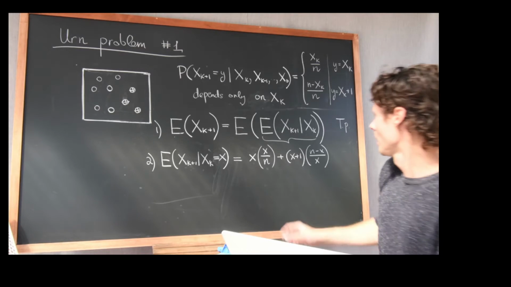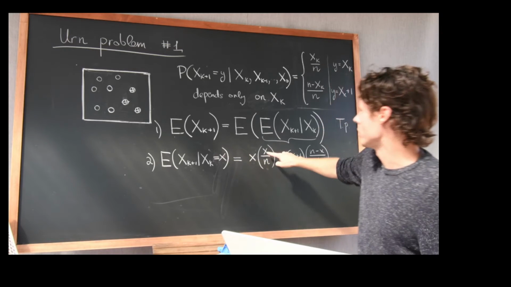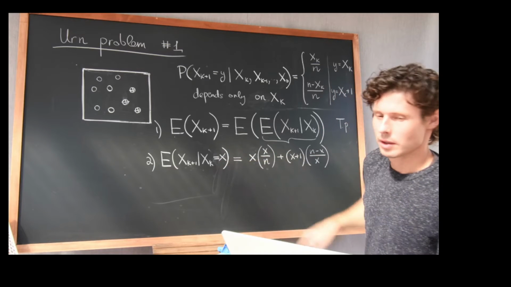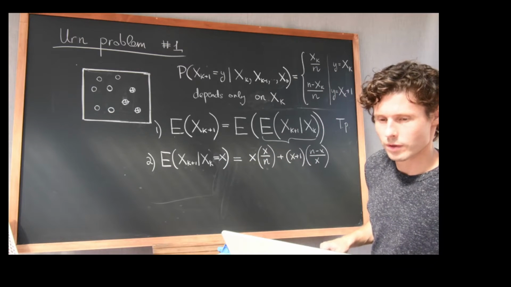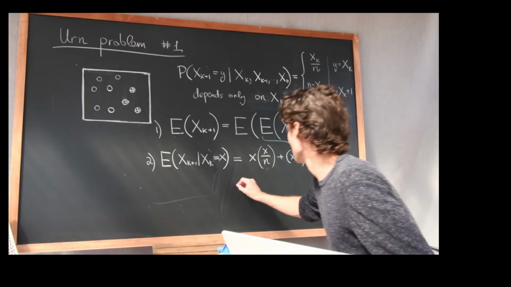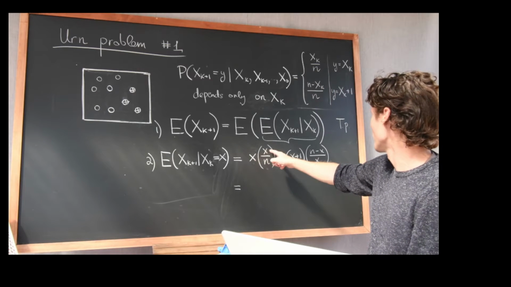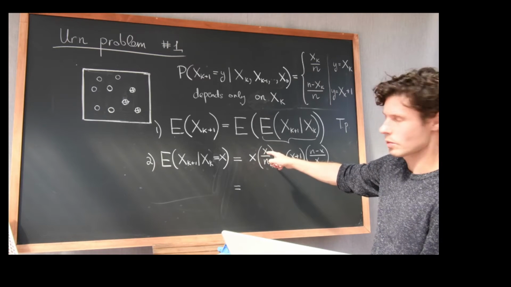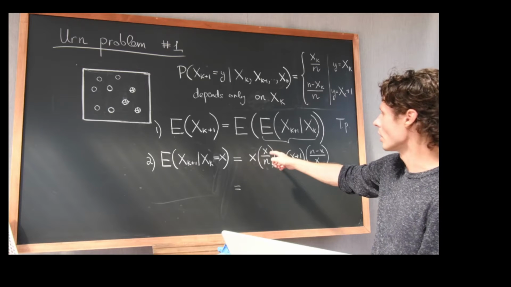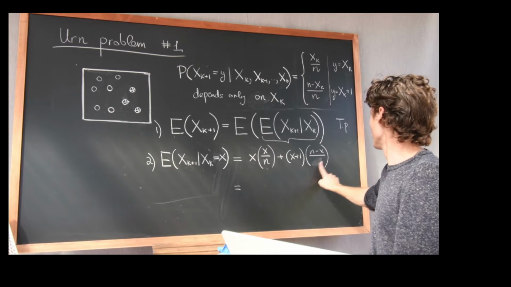And if I was doing it without this x, if I had erased this, I would just replace every little x with an x_k. There's no difference, it's just a matter of convention, whatever notation you're more comfortable with. So if I simplify this, I'm going to pick up an x squared, and I'm going to hope that these x squared terms cancel out, because we're going to run into trouble if they don't. There's going to be another x squared coming from this part, I made a typo here.